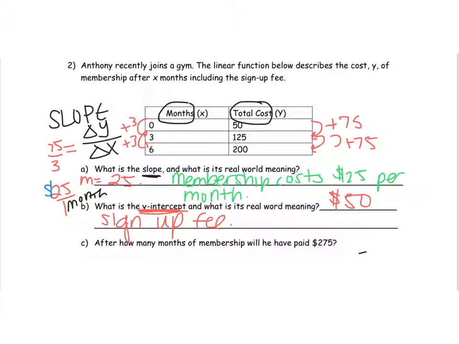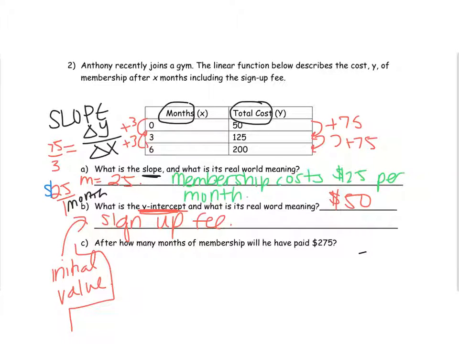Remember, y-intercept is your initial value. We're starting at 0 months at a cost of $50. That's our initial value, so that is our y-intercept.